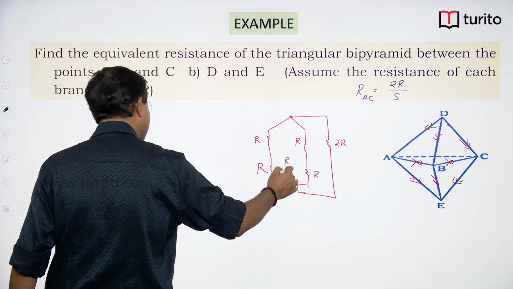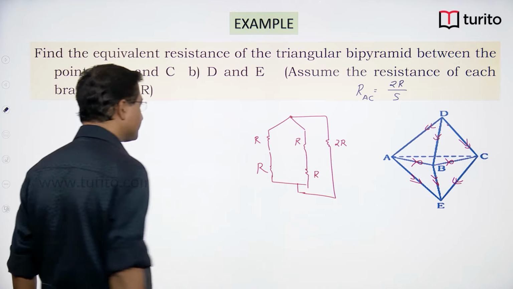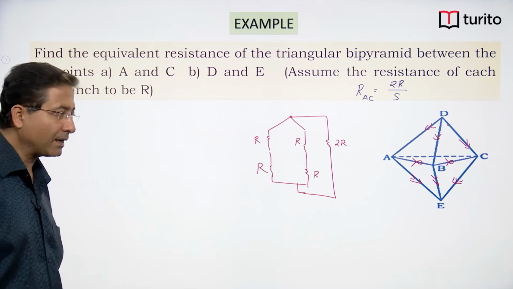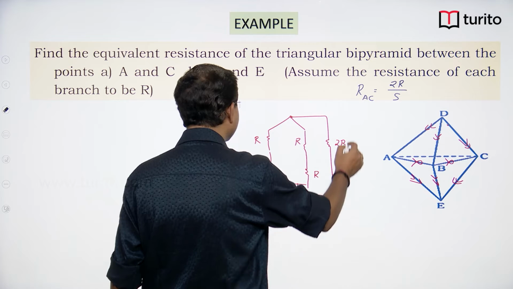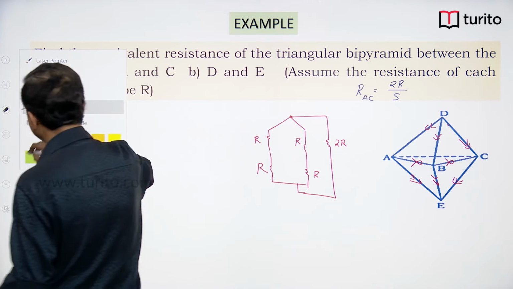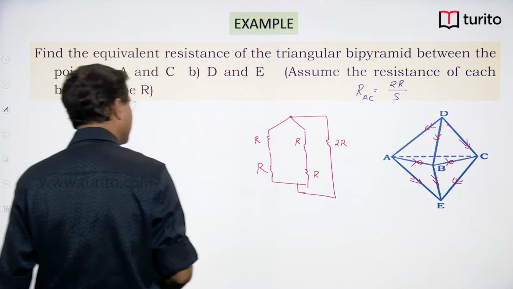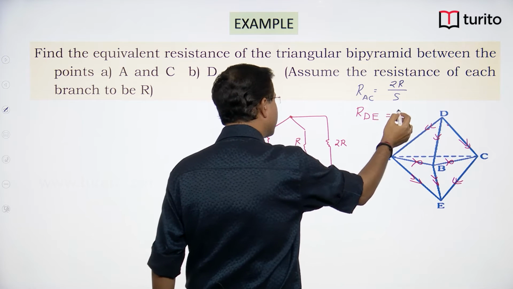So I can remove this resistor, and now I can see 2R, 2R and 2R, they all are connected in parallel, 2R by 3. So R DE is 2R by 3, right?